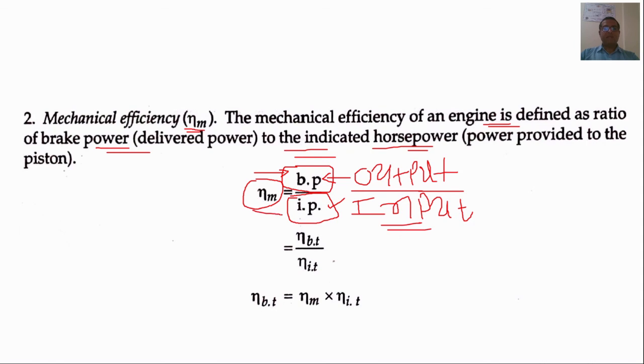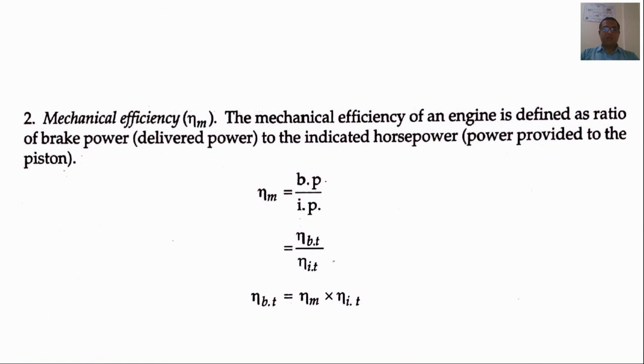Now, mechanical efficiency in terms of brake thermal efficiency and indicated thermal efficiency is given by eta BT divided by eta IT. So this is the brake thermal efficiency, and this is the indicated thermal efficiency. You can derive this formula easily. Now this is brake power.